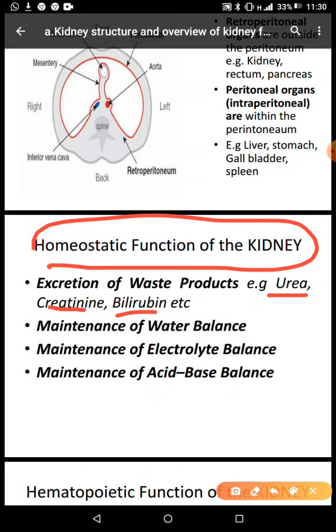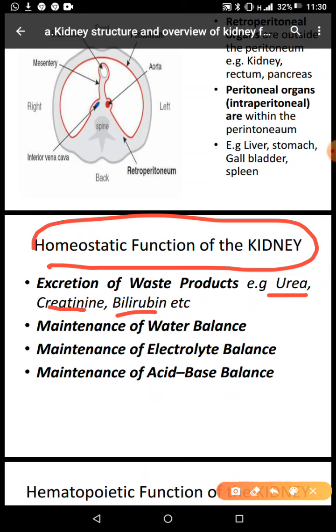Just on this concept of urea, because it's very important, there's what you call blood urea nitrogen. The normal value of blood urea nitrogen is 7 to 30 milligrams per deciliter of blood. And the normal value of creatinine is 0.7 to 1.2 milligrams per deciliter of blood.